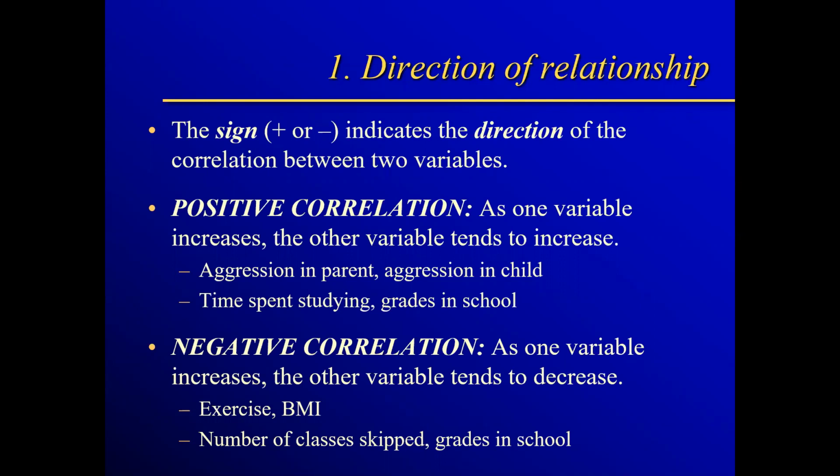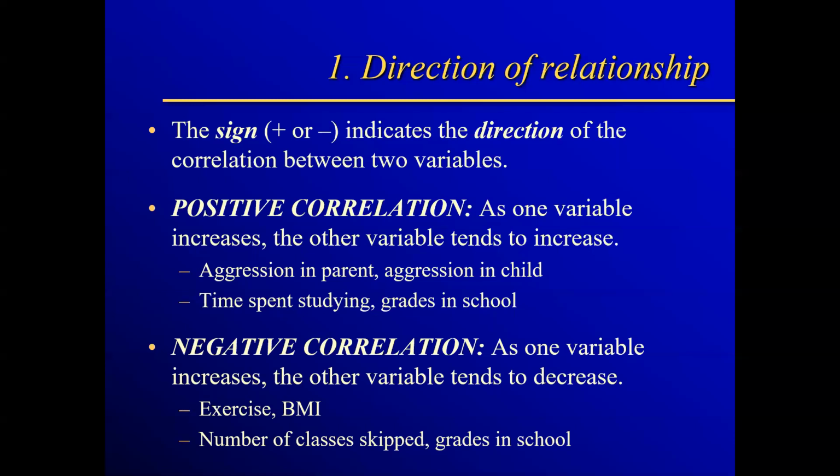High time spent studying. People who study more are going to have higher grades, right? A higher value on one variable is related to a higher value on the other variable. Or vice versa, a lower value on variable 1 is related to a lower value on variable 2. I'm going to have a visual representation of this on the next couple slides, but that's a positive correlation.